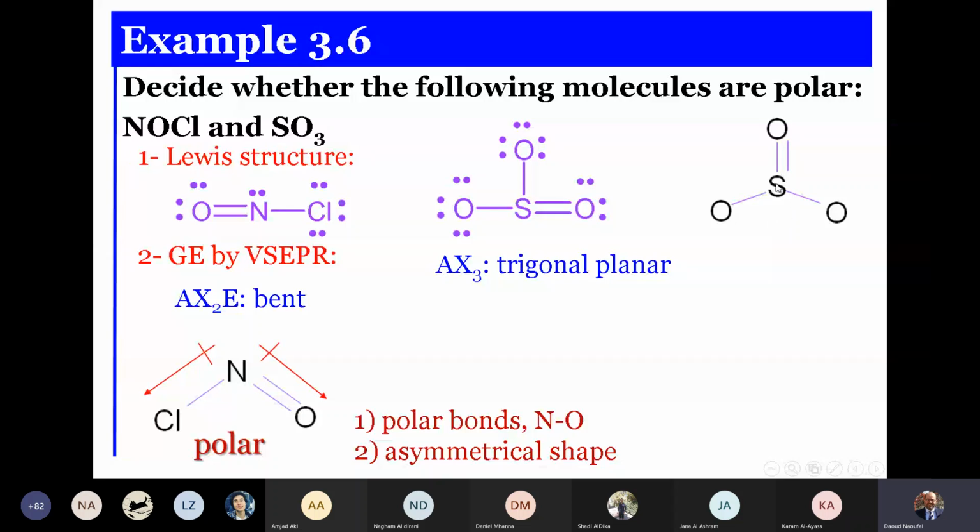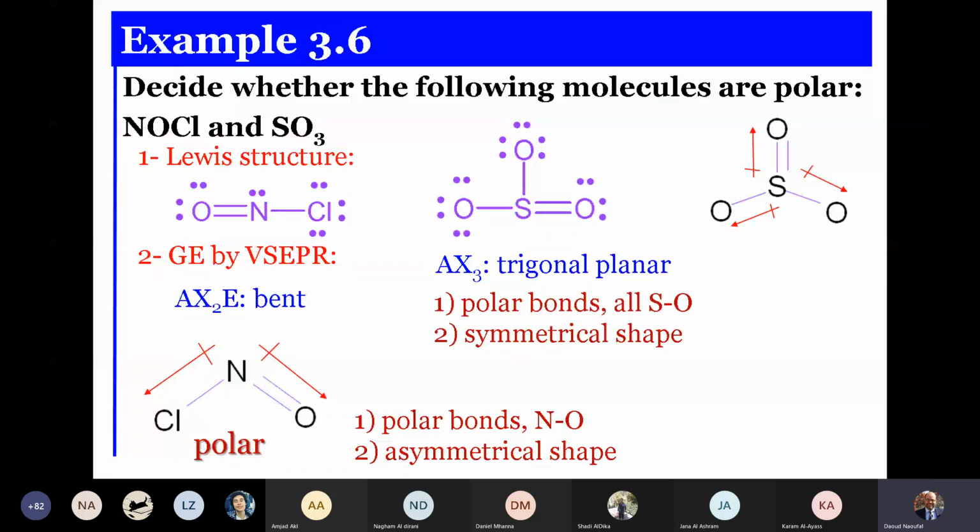We will have three vectors from S to O. Pay attention: this is the first, this is the second, this is the third. We have three vectors in a symmetrical shape, in opposite directions. The sum of these vectors is equal to 0. So this molecule is non-polar.